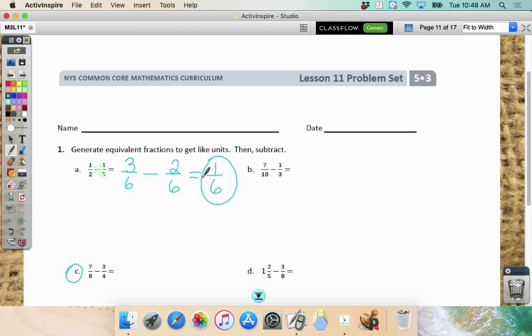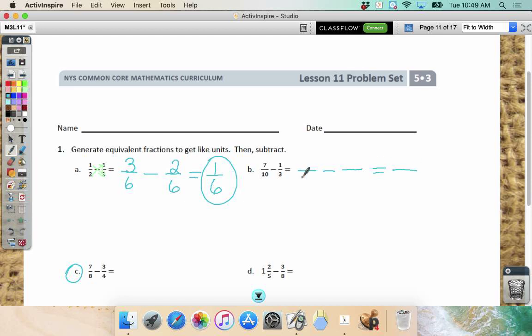We do need to kind of look at, is 7/10 larger than 1/3? Yeah, so we can go ahead and subtract, but I don't think we need to worry about that except for one problem today. Okay, so what did I say? Option 1?